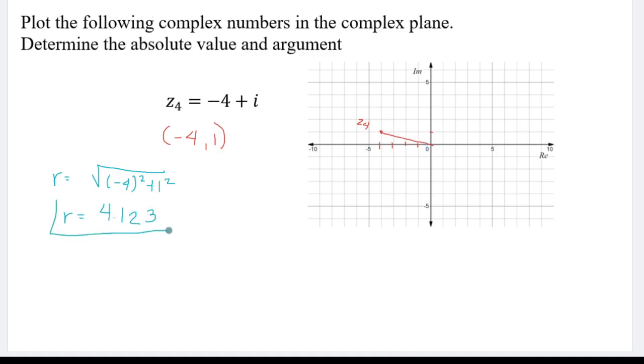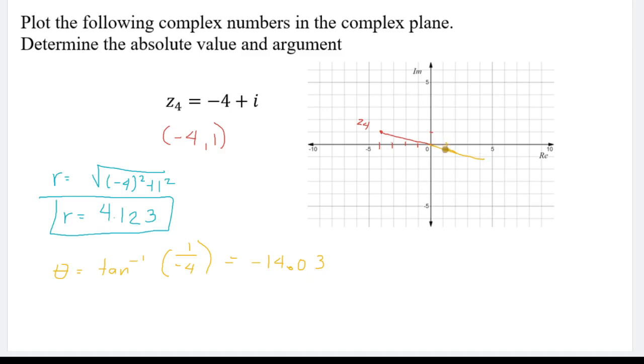So for our angle, that is equivalent to arctan, or inverse trigonometric function of y, that is 1 over negative 4, and that's equivalent to negative 14.03. Since we have a negative value, sabi nga natin kanina, mula sa positive axis, papunta yan sa dito. So kaya mapapansin natin, parang yung angle na nakuha natin ay ito lang.